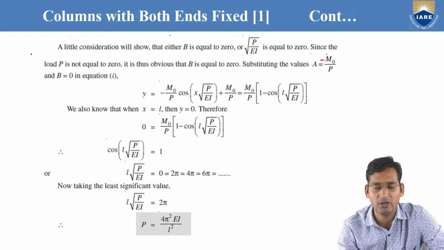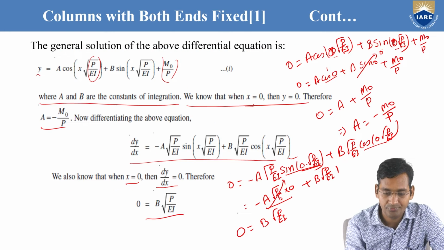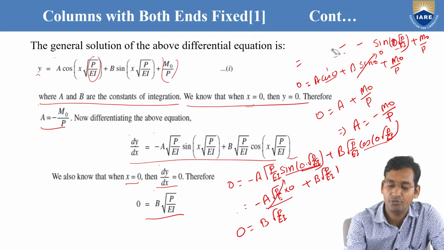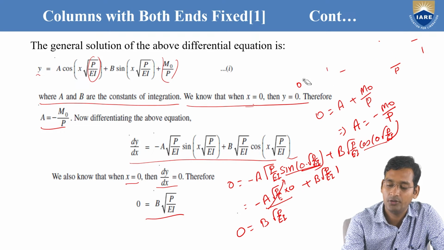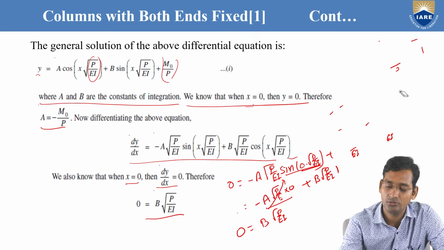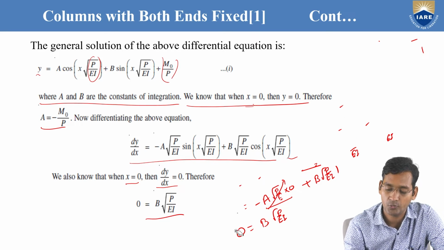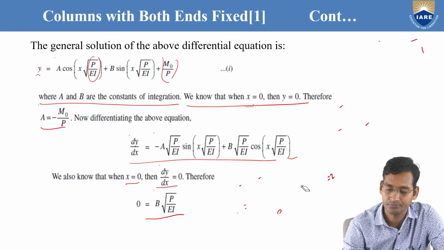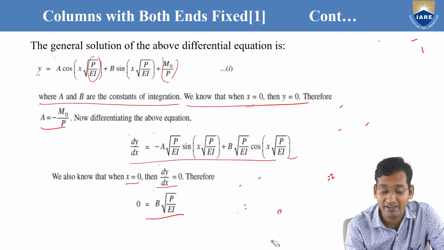Now substitute the values of a and b in the general solution. So I am substituting a and b values in equation 1. Let's see what we will get. The a value we got is minus m naught by p.